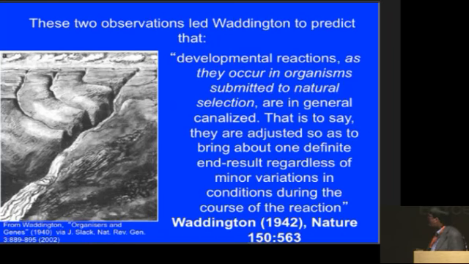And from that, Waddington predicted that developmental reactions, as they occur in organisms submitted to natural selection, are in general canalized. That is to say, they're adjusted so as to bring about one definite end result, regardless of minor variations in conditions during the course of the reaction.